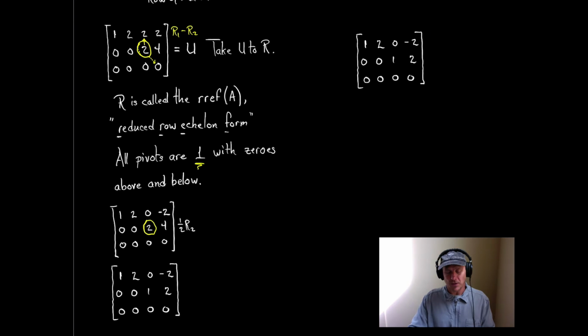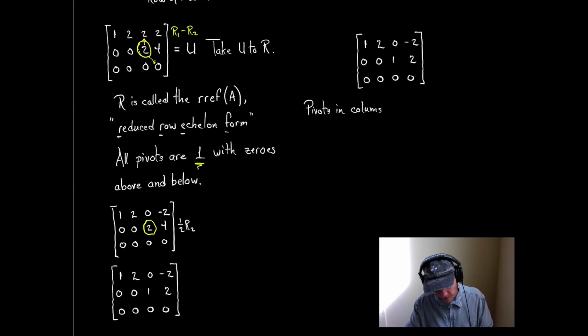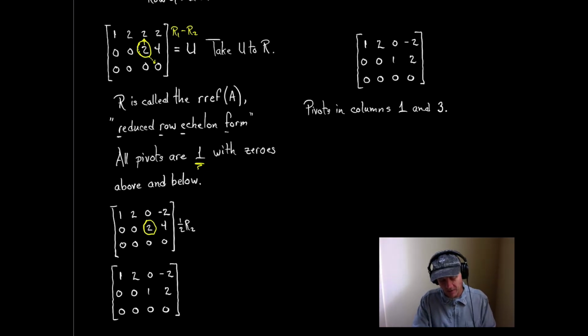All right, notice this. So pivots in columns 1 and 3. But notice that in column 2 and column 4, I don't have a pivot.